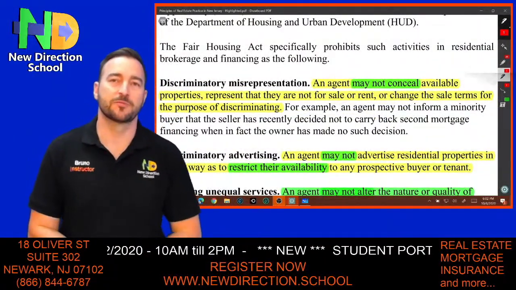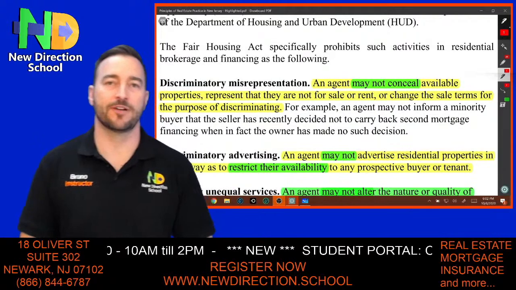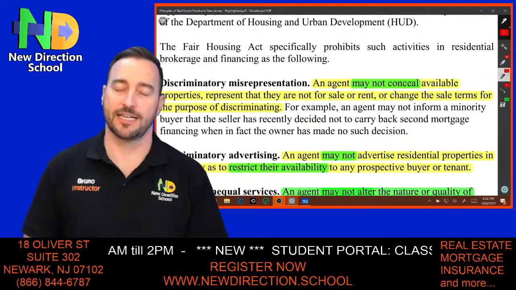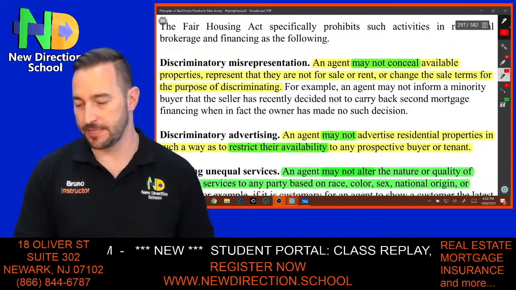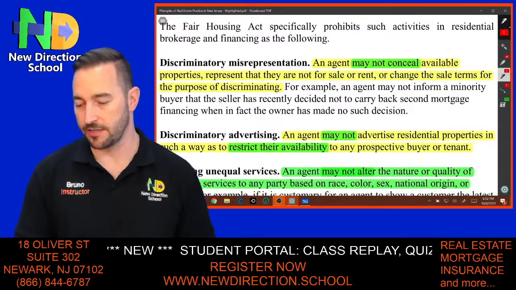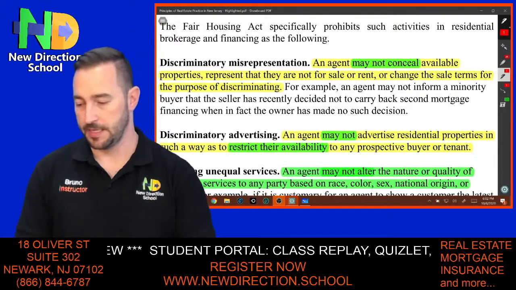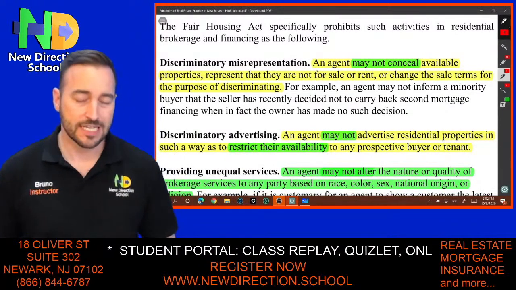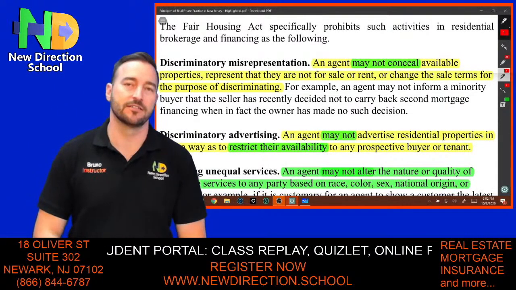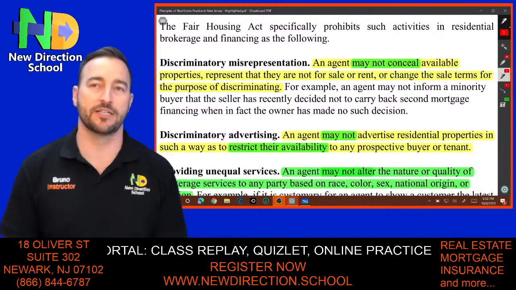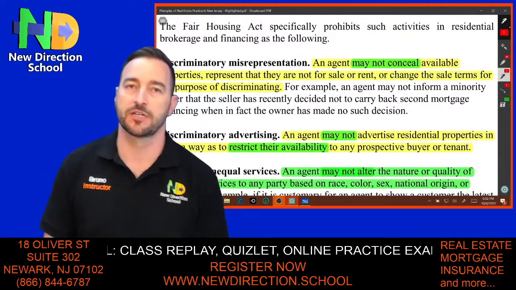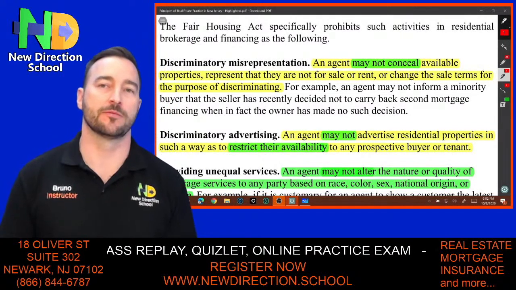The Fair Housing Act specifically prohibits such activities in residential brokerage and financing as the following. Discriminatory misrepresentation. And this, guys, again, certain things I think are common sense. An agent may not conceal available properties, represent that they are not for sale or rent, or change the sale terms for the purpose of discrimination.